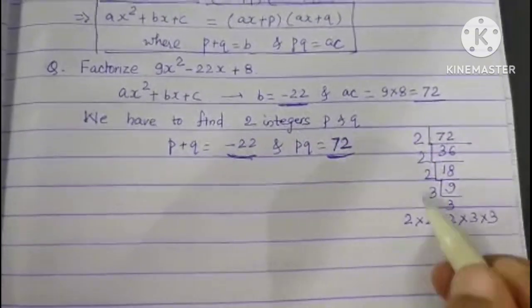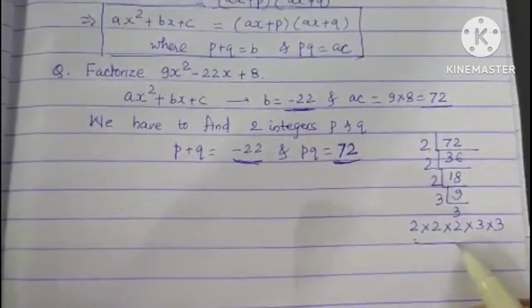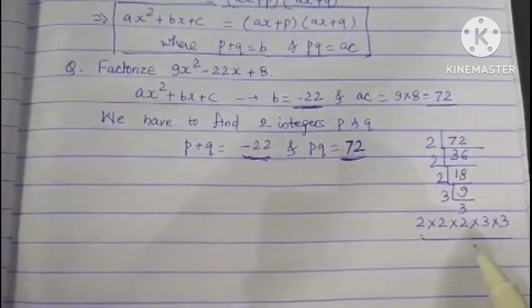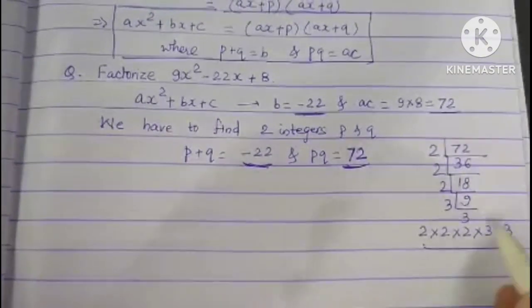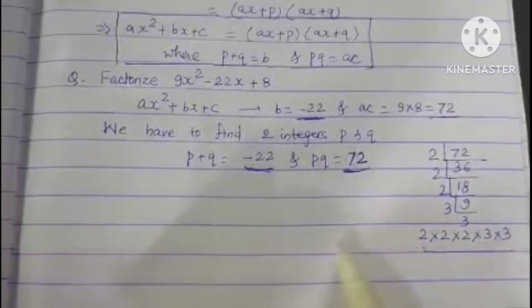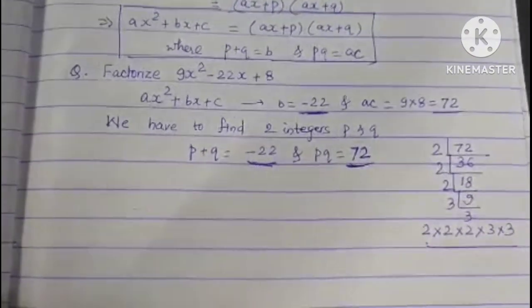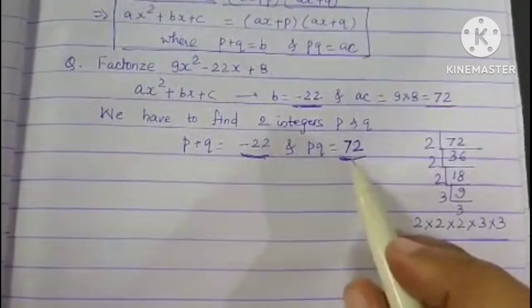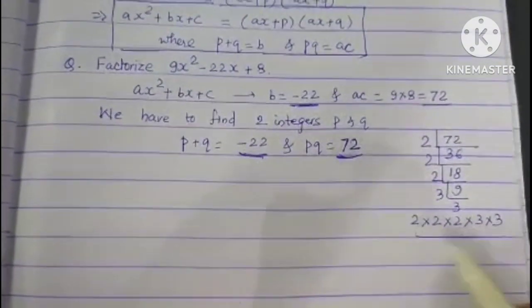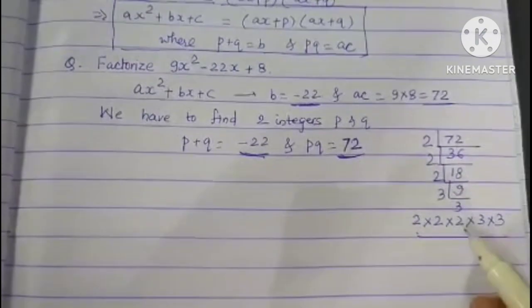This is our factorization of 72. Now you have to choose two numbers from here so that the addition will be minus 22, and the multiplication will be 72 whatever we choose from here.